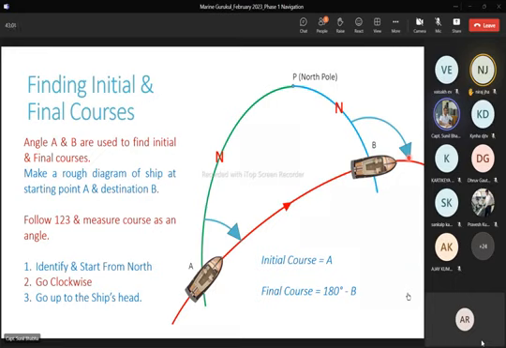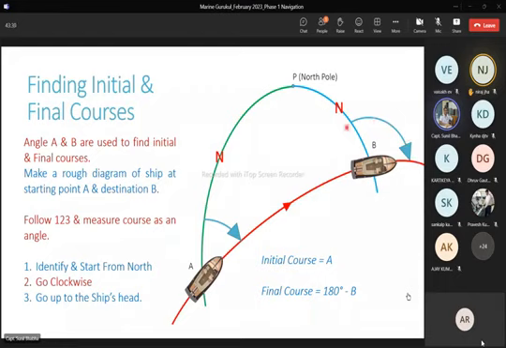Now this stands true in case of a great circle track also. So if you are at point B and you measure the angle from direction of A up to the direction in which the ship is heading, this total angle will be 180 degrees.